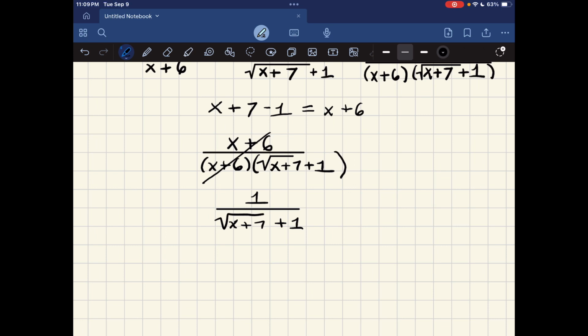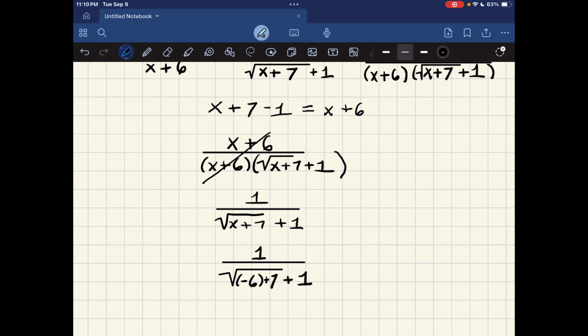And then since the limit is as x approaches negative 6, we're going to replace x, the variable, with negative 6. So instead of x, it's going to be parentheses negative 6 plus 7, still under the square root, plus 1.